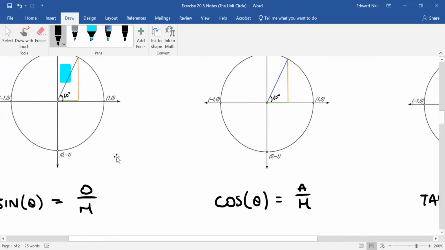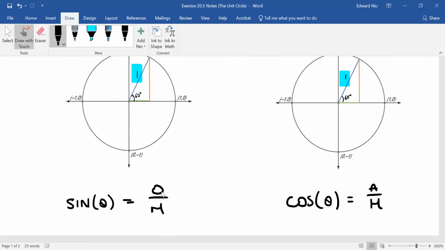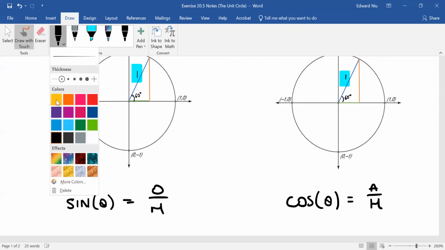And so we know the hypotenuse is 1, and that's because the hypotenuse is a radius. And what we know is sine theta equals the opposite side divided by the hypotenuse. Well, the opposite side here is in orange. Which one's orange?